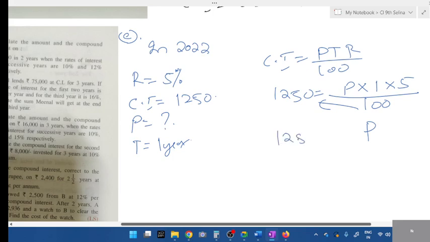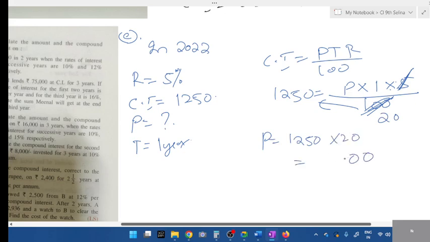First, 1250 multiplied by 100. What happens to 5? If it goes to the other side, 5 is multiplied in the numerator. If it goes to the other side, it is division. You can do it like this, or first let me reduce. How many times 5 goes in 100? 20. Multiply 20. So P is equal to 1250 into 20.